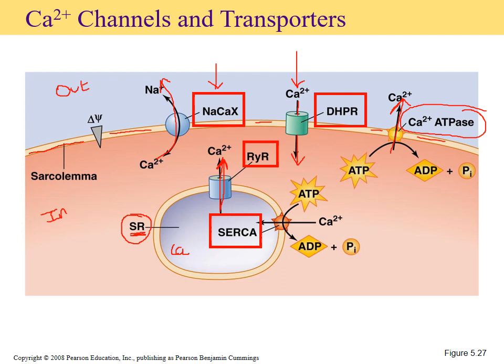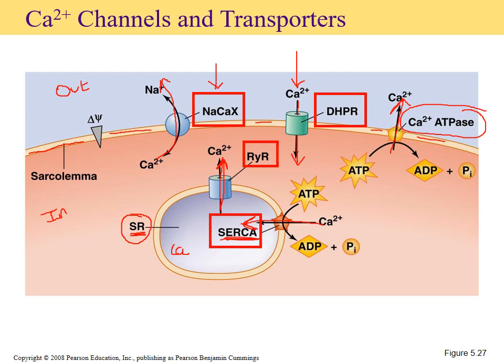Whereas if we want the calcium to come back into storage and we want to pump it out of the cytoplasm into the SR region, then we're going to rely on our ATPase titled SERCA. All right, now please notice that you're going to require ATP for all of the transporters that are going to help you remove calcium from the cytoplasm.